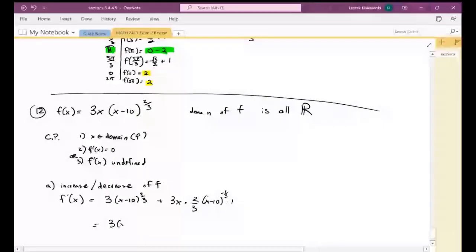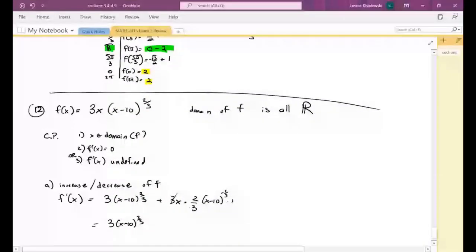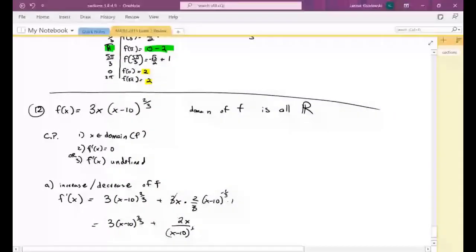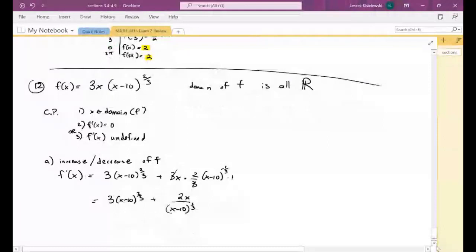Right, so how are you going to deal with this situation? I think it's sort of difficult, right, to check where this is 0 or, well, no, it's not easy. It's not hard to see where this is undefined.